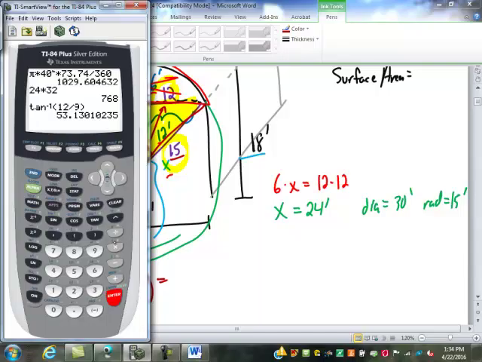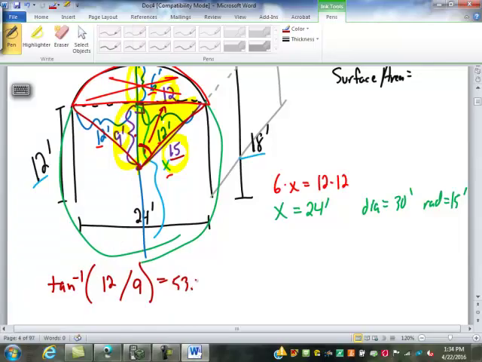Now I'm going to multiply that times 2 because that's just half of the angle. That's just one triangle, and I wanted the whole thing. So times 2. This is 106.26 degrees. Now I said we could have also used an inverse sine, opposite over hypotenuse, which would have been 12 over 15.